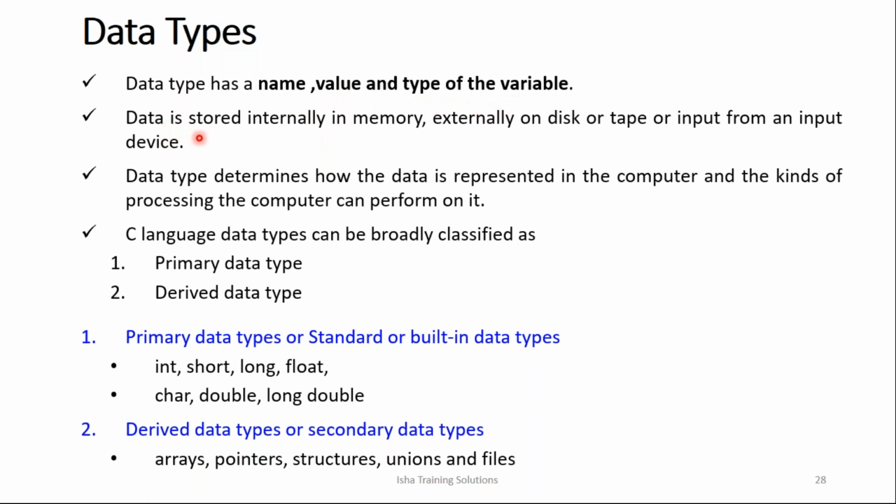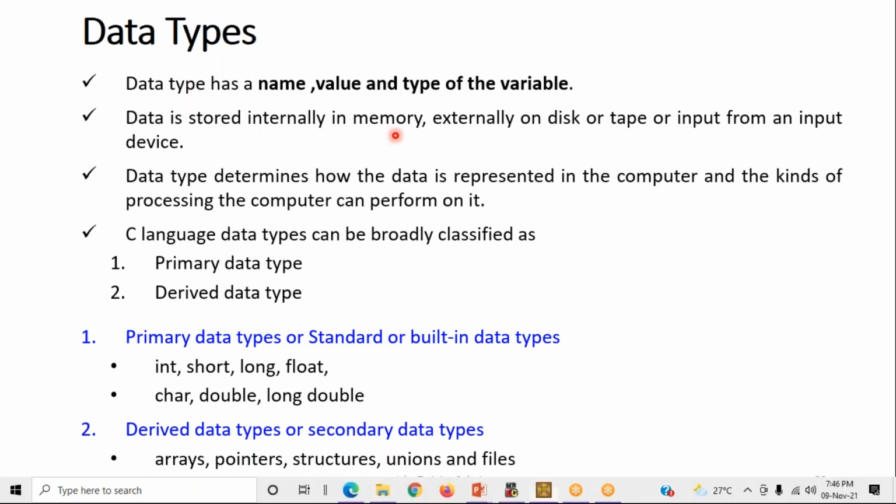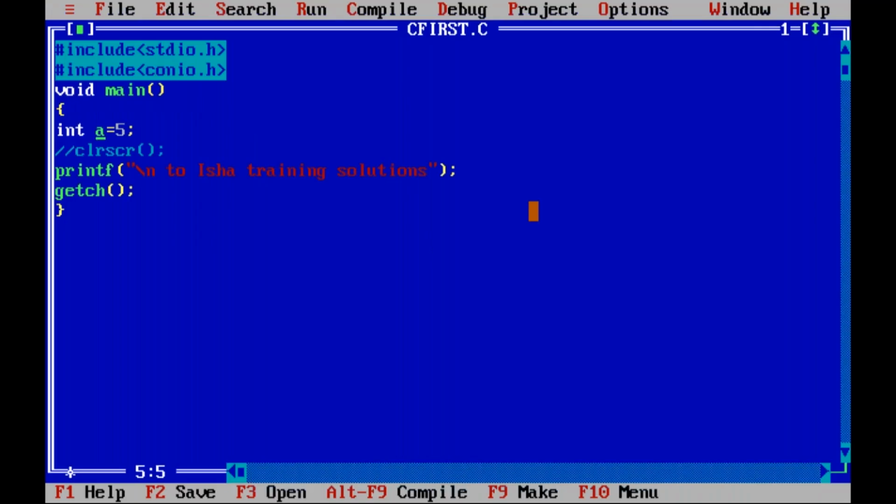Data is stored internally in memory, externally on the disk or tape, or input from an input device. Now we have this program here: int a equal to 5. You can see that you are passing the value 5 into a.